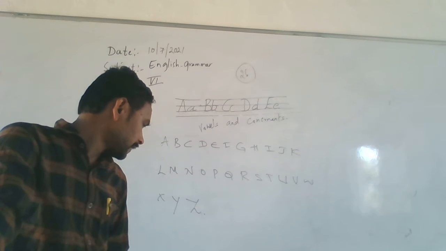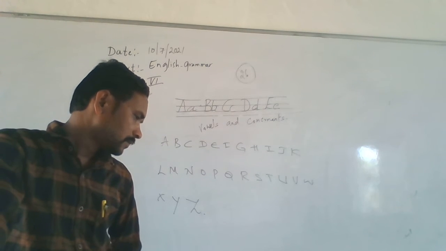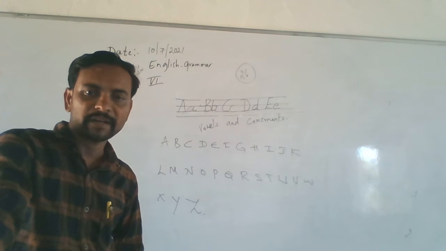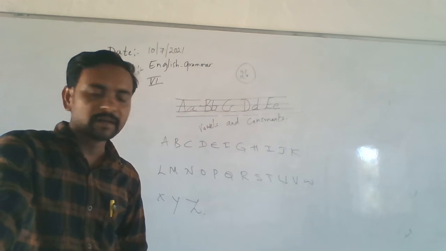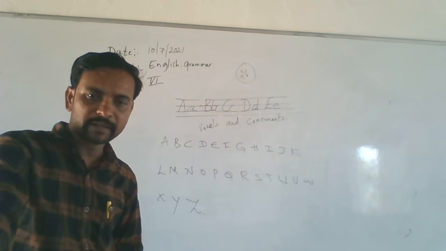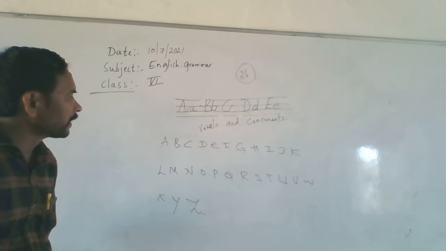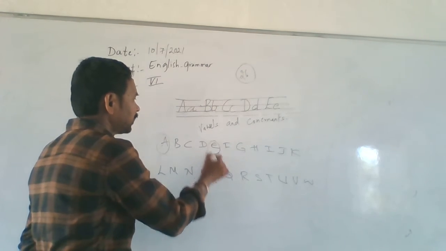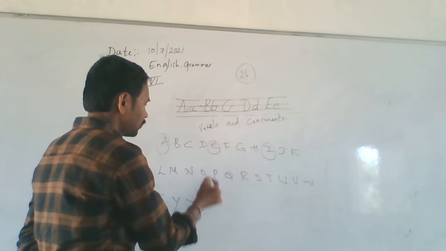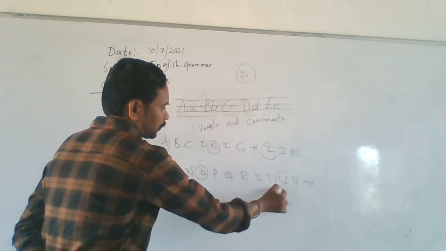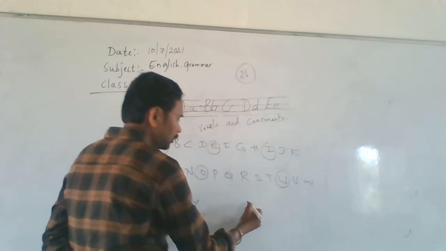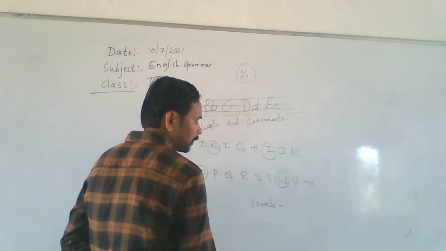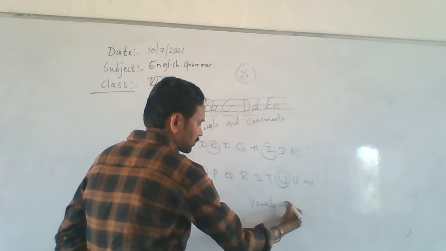In 26 letters, we divide them into consonant letters and vowels. So how many vowels are there? A, E, I, O, U. How many vowels? 5 vowels.